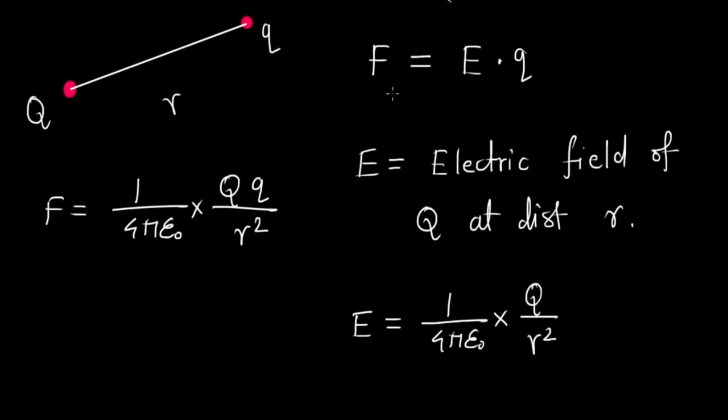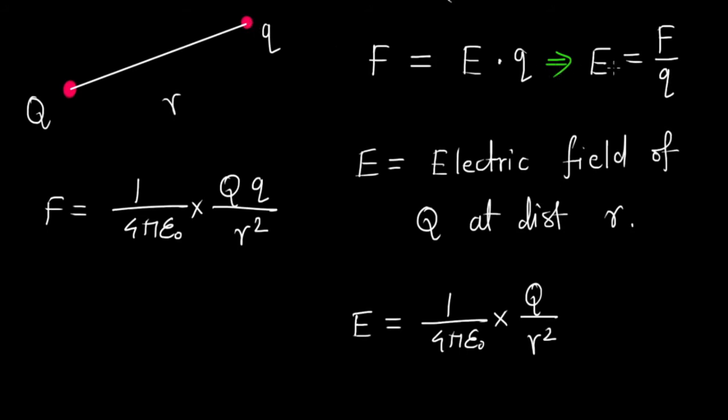Okay, now we can rewrite this equation to define the electric field, and this equation gives us that E equals F divided by q. So the electric field at any point in space is defined as the force experienced per unit charge kept at that point.